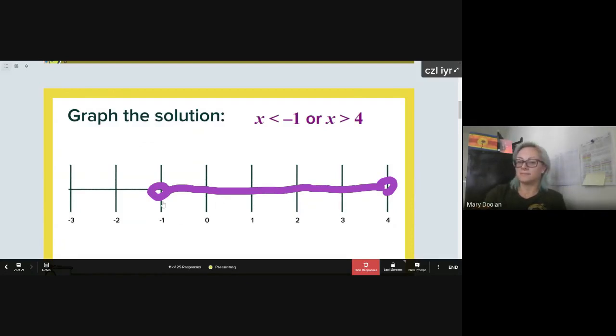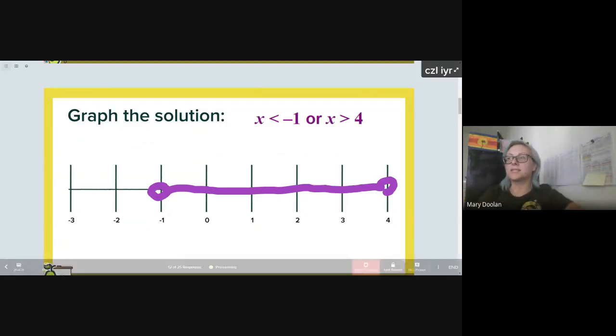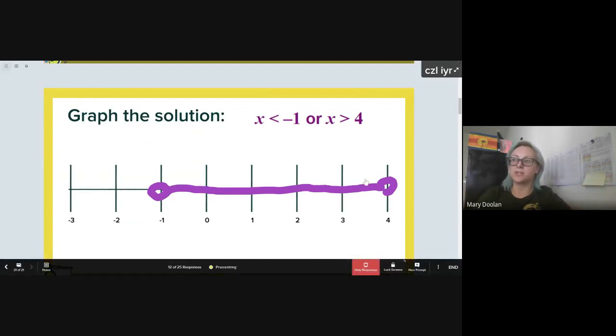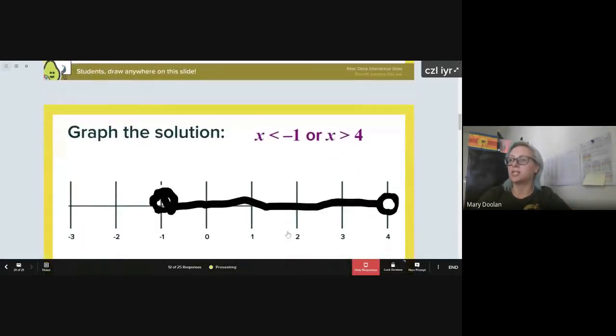Wait. This is almost correct. X is less than -1. So I'm not shading this way. This is the one where we shade going outwards with arrows. If this was an and statement, that's when it's one solid piece, but it's going in the opposite directions.